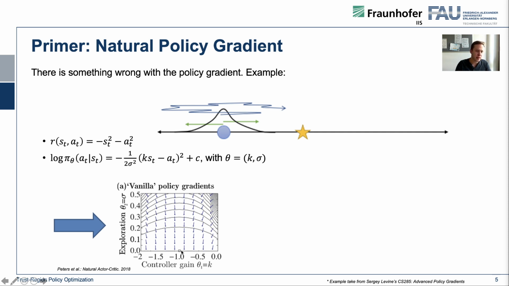The problem behind this is that the policy with respect to the parameters has a different scale. If you derive your policy with respect to your mean and sigma, you see that as sigma gets smaller, which is the correct thing to do, the derivative with respect to sigma gives you something like 1 over sigma to the power of 4, meaning that this term gets really large.